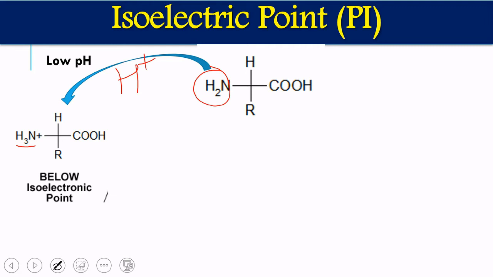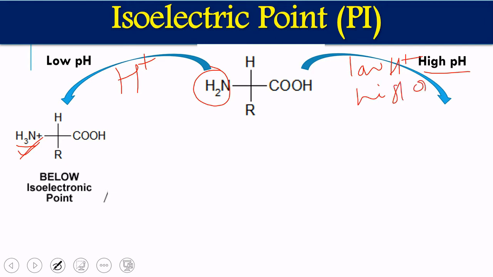Whenever you decrease the pH, the amino acid at lower pH normally exists in a positively charged form. The amino acid will be positively charged when the pH goes down, decreasing below its isoelectric pH. Similarly, at higher pH, the H+ concentration will be low and the OH- amount will be high. So with high OH-, the COOH group will lose its H+.